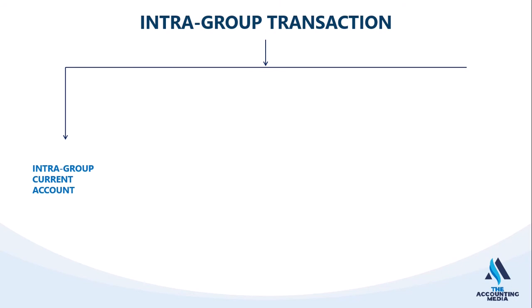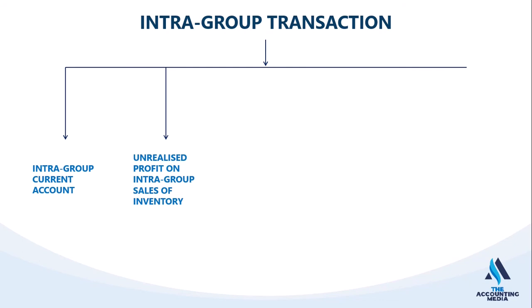If the parent is selling to the subsidiary, the parent can have a receivable while the subsidiary will have a payable, and the other case can also happen, which means the subsidiary can also be selling to the parent company. In such a case, we will have an intragroup current account where we have to reconcile our receivables and our intragroup payables.